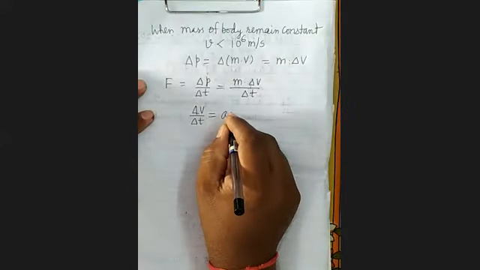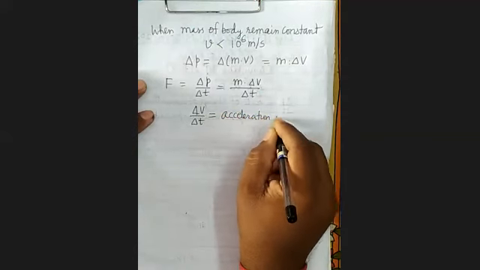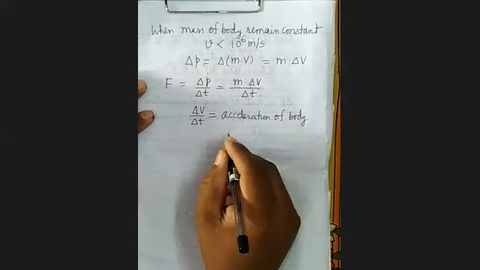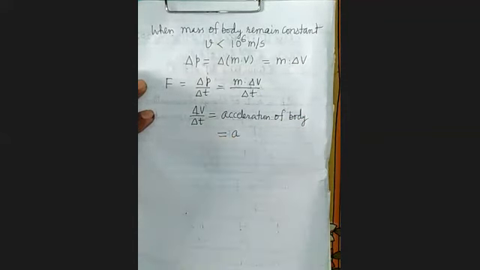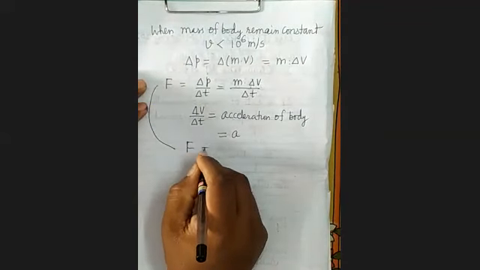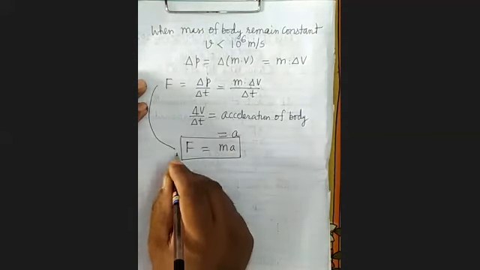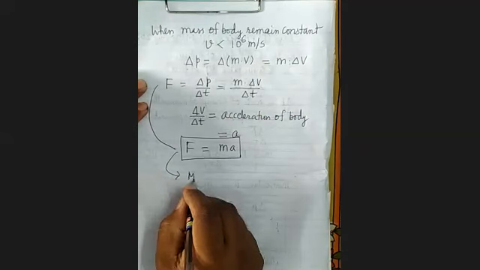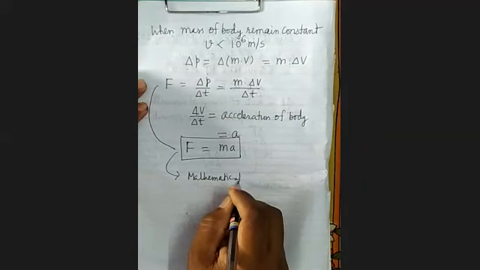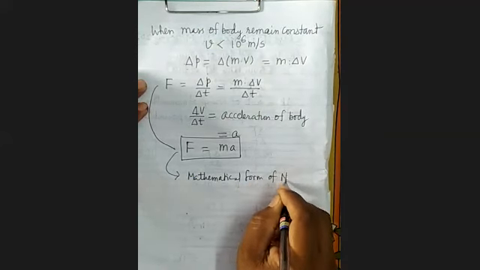This is A, the acceleration of the moving body, which is represented by the symbol A. So this will become F equals to M into A. This is also a mathematical form of Newton's second law.